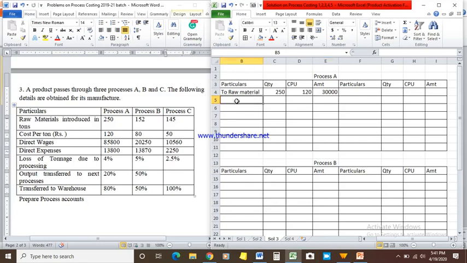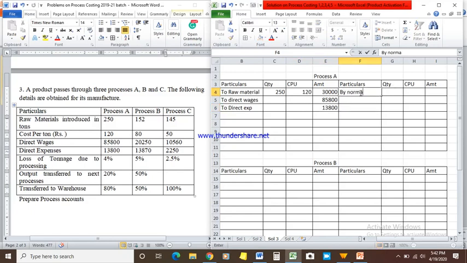Direct wages, that is 85,800. Then you are given direct expenses, 13,800. Now, loss of tonnage due to processing.